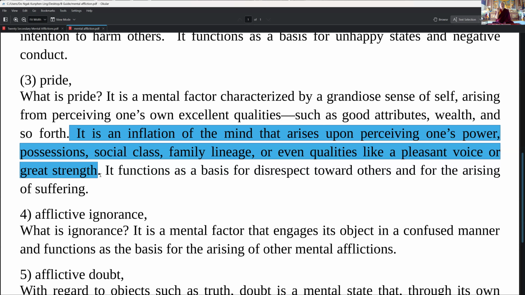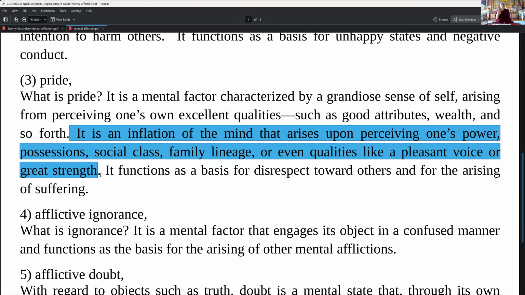Pride makes you think, I'm fully qualified, I need no more. Either the knowledge or any technique, idea, whatever qualities, you think I'm very qualified, and so it's not necessary to receive any advice from others. I can fully handle myself. That kind of thought comes, right?